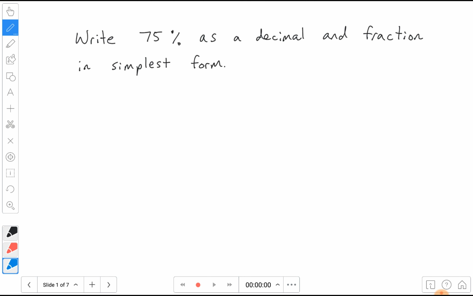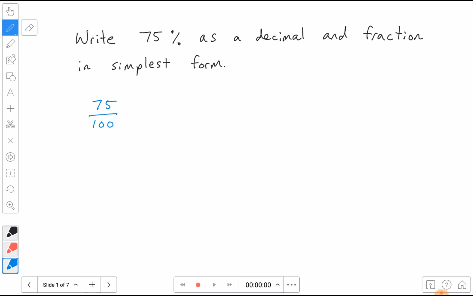So percentage basically just means a score out of 100. What value out of 100 do you have? So 75% is going to be 75 out of 100. Write that as 75 in the numerator, 100 in the denominator. So we want to do this in the simplest form, so we have to find out what we can divide both the numerator and the denominator by.